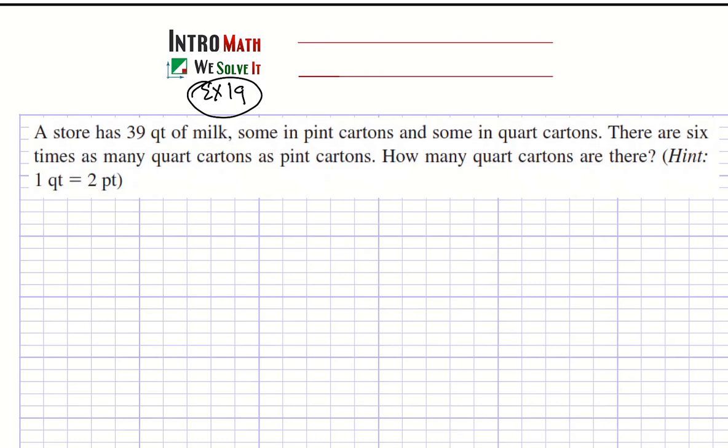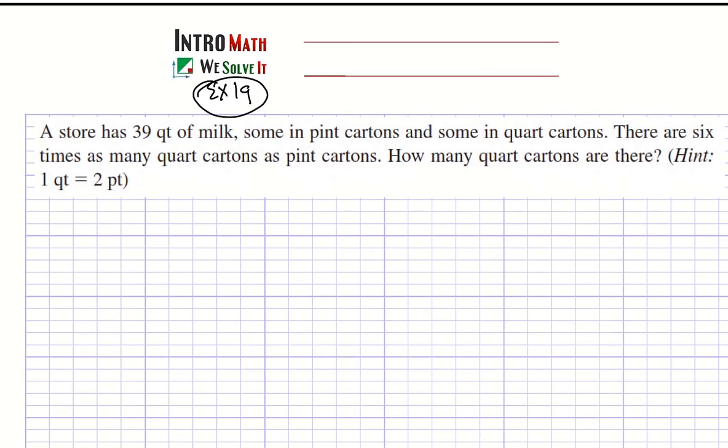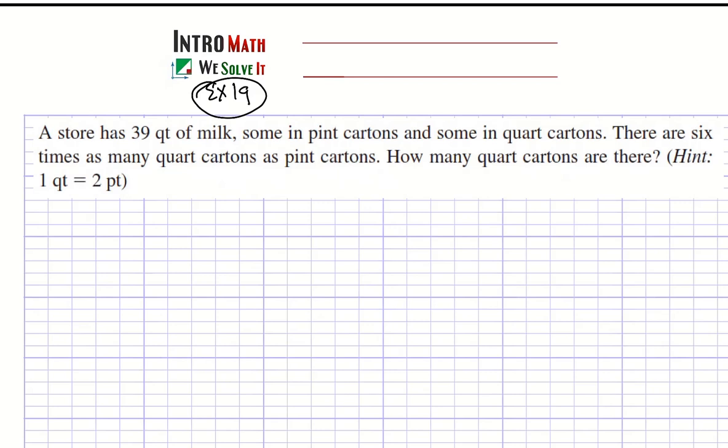Again, you try to understand what they're saying there, and then you see what is going on. There are 6 times as many quart cartons as pint cartons. See, that's your cue right there.